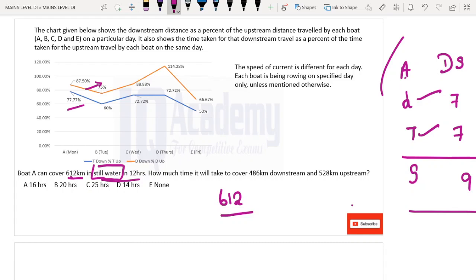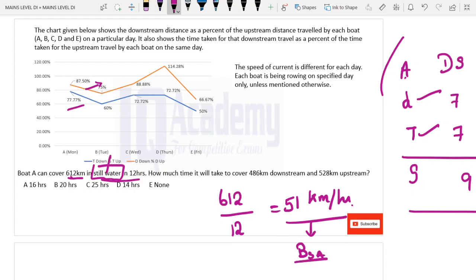It means only the boat is moving. So if you divide 612 by 12, we'll get 51 kilometer per hour, and this is speed of the boat A.